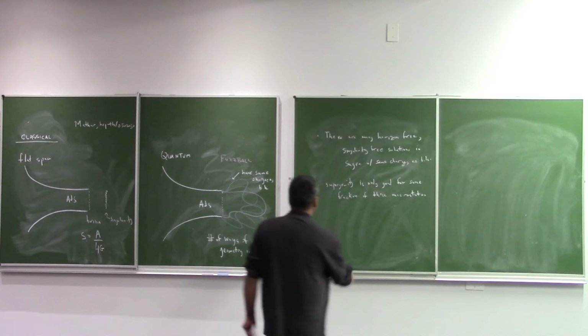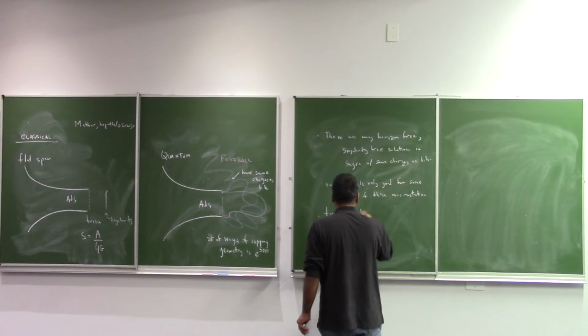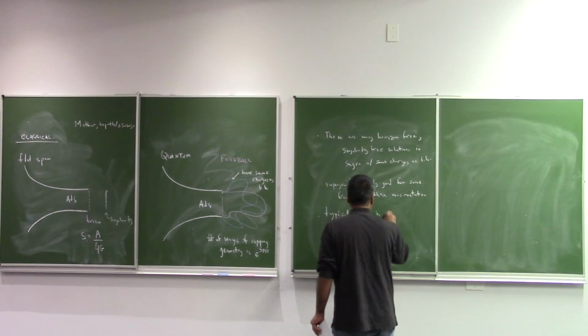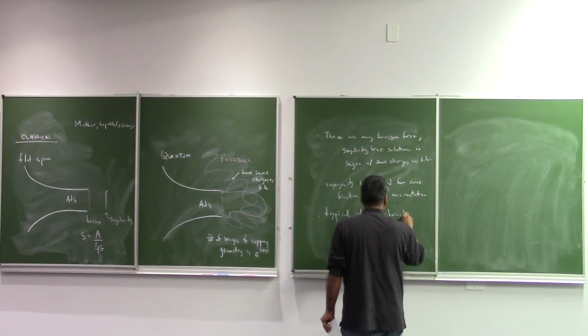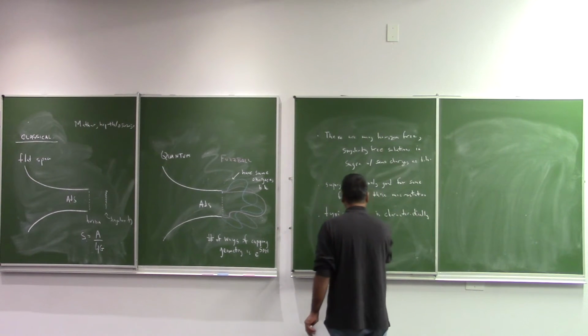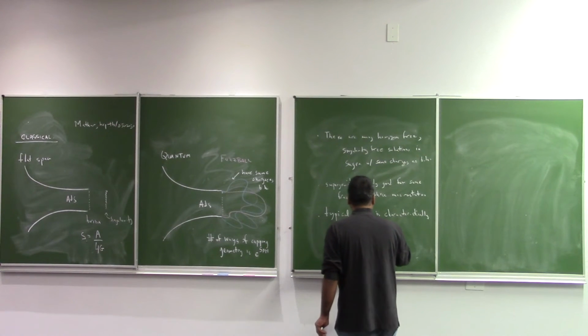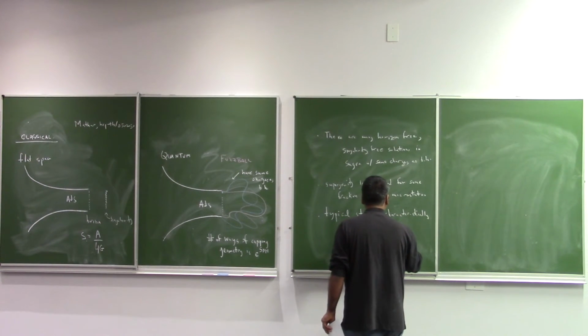So a typical state is characteristically stringy all the way to the effective horizon.